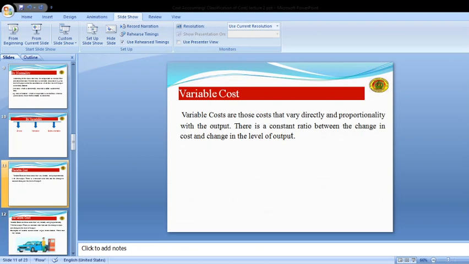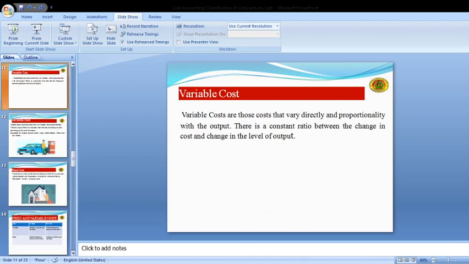Examples are direct wages, direct materials. If a vehicle is being operated, normally as per the use in kilometers, the petrol cost or fuel cost will go up. So that will be considered as a variable cost. As against this, there are certain costs which are known as fixed costs.